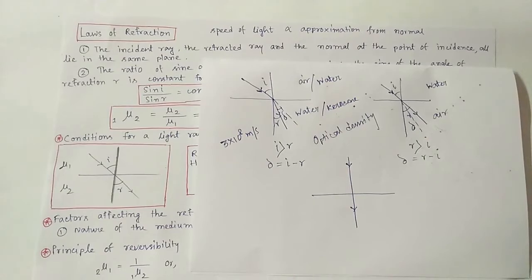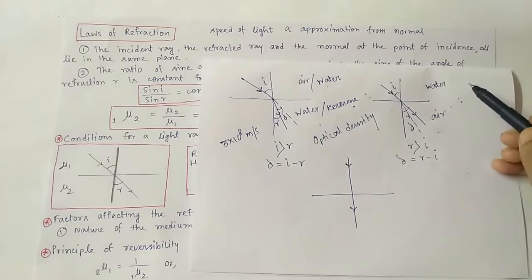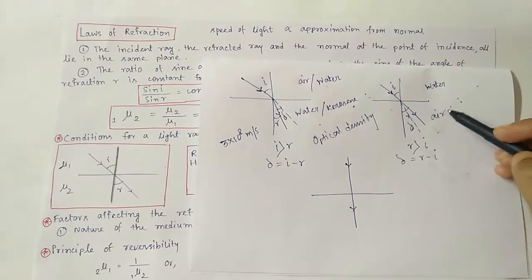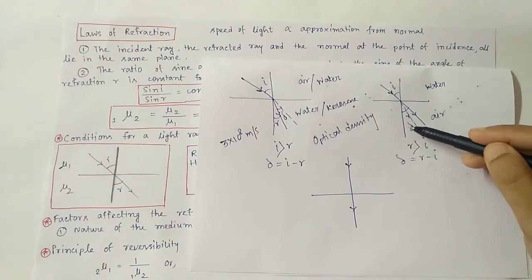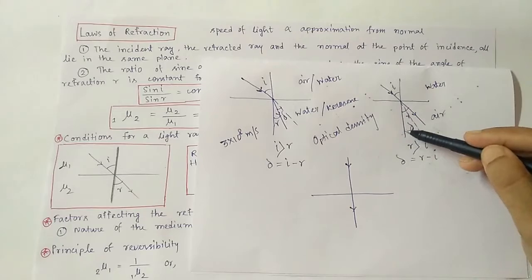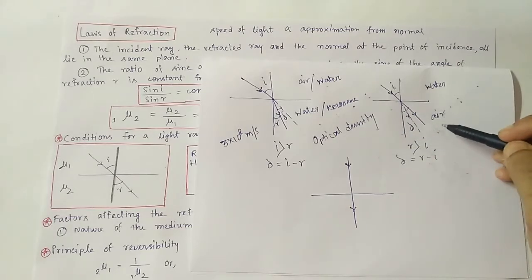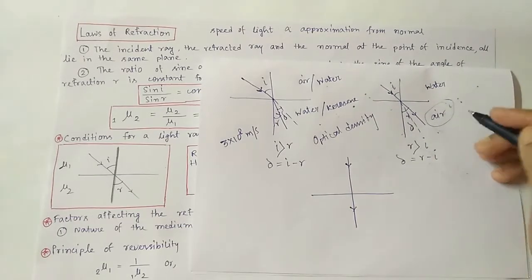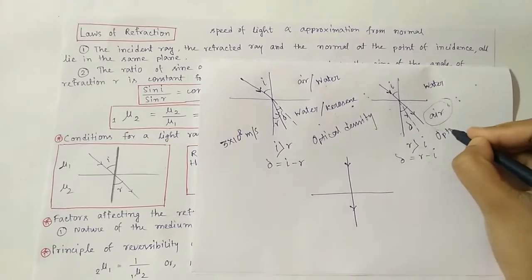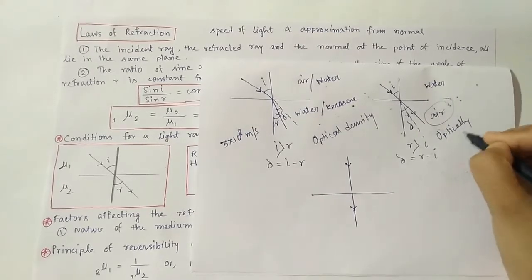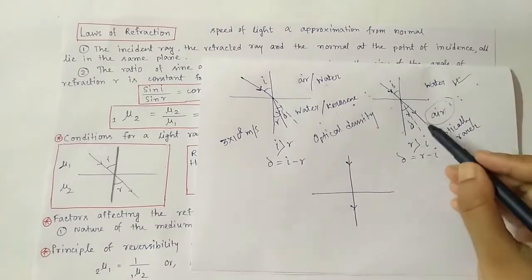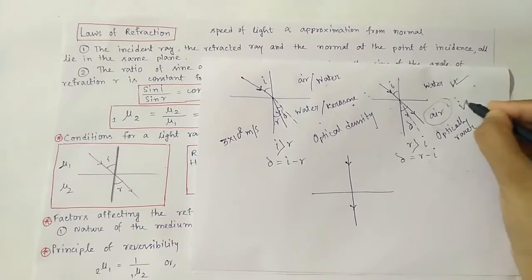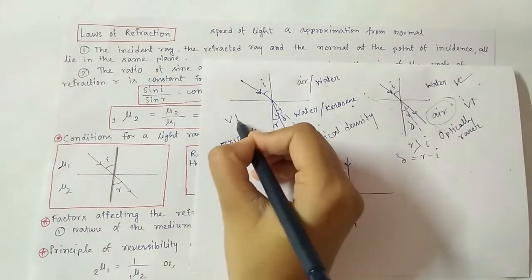But when the reverse happens, for example, light passing from water medium to air medium, its velocity increases and it slightly bends away from the normal. In this case, we say that air medium is optically rarer than water medium, as the velocity is increasing here, but decreasing there.